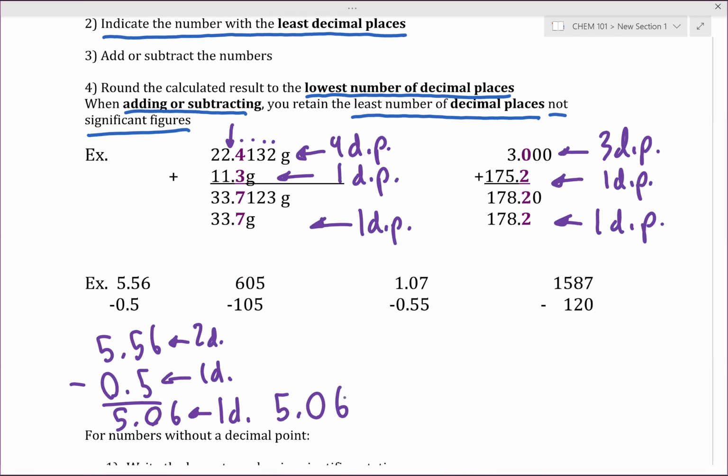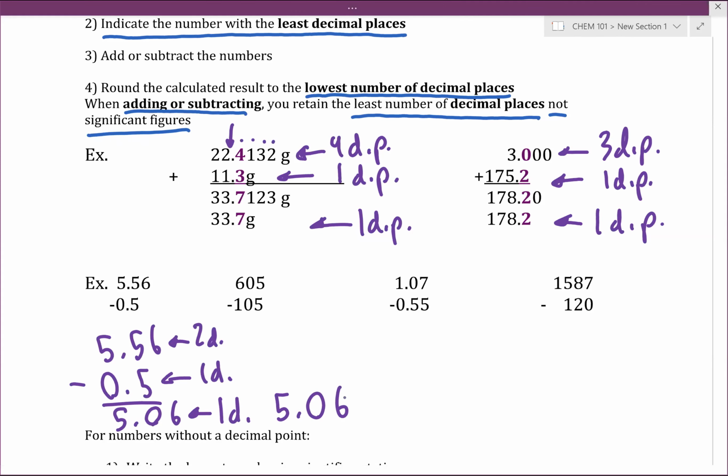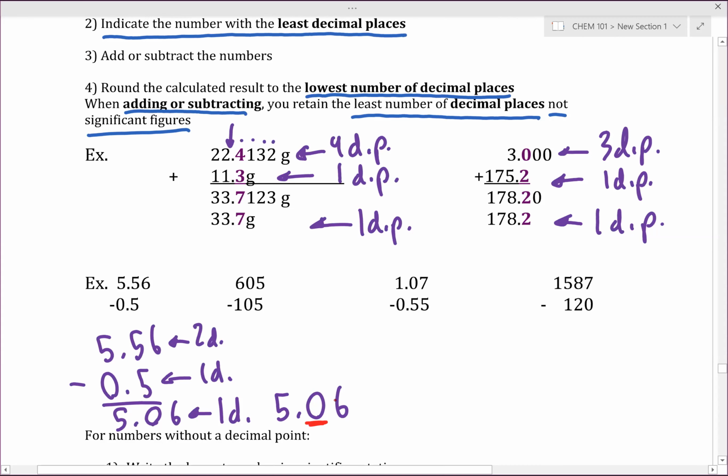The 0. Okay, so we're going to highlight the 0. We're going to look 1 space to the right. And do we round up or down? Up. So we're going to round up to 5.1. This answer has 1 decimal place. Does that make sense to everyone?